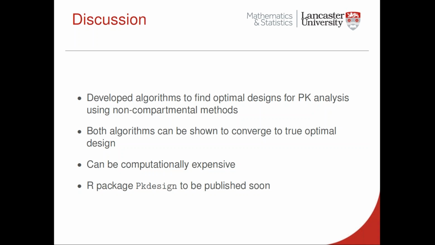It can be computationally expensive to do, so depending on the number of time points and the number of schemes that you're allowing, it could take several hours or possibly days if you have a very large number of schemes to find the optimal design.